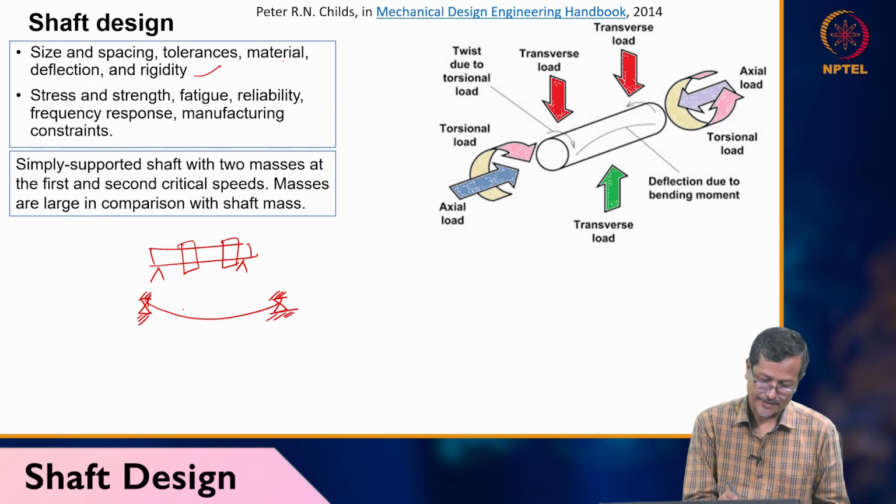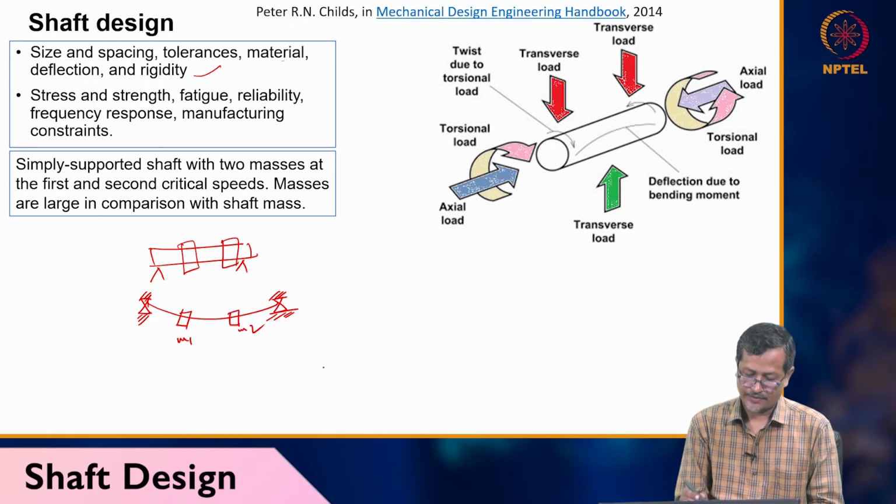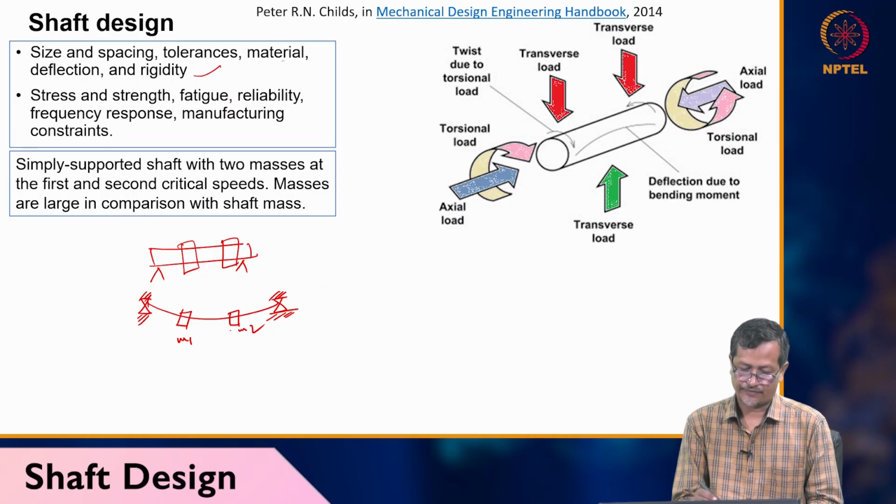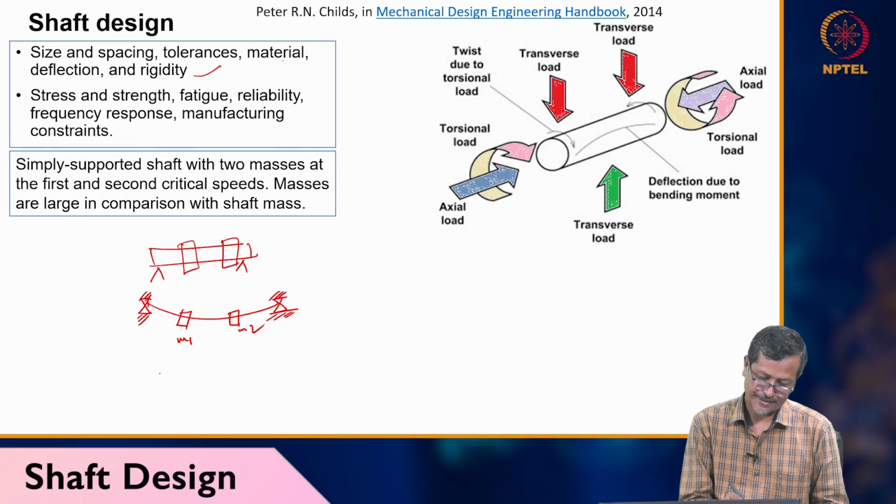Mass m1, this is m2. Now because of bending, it will be happening like this. And the mass is here, mass is here.